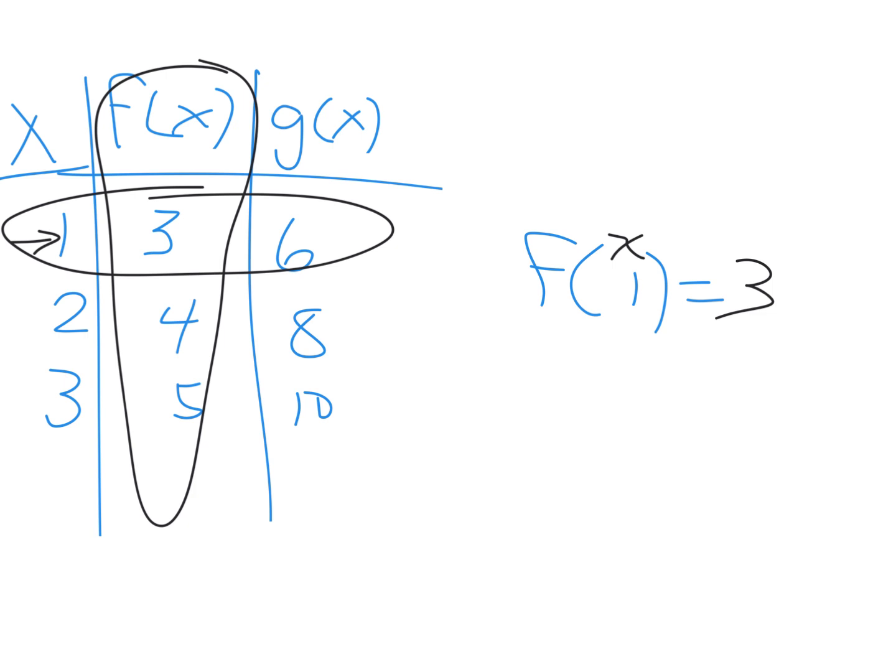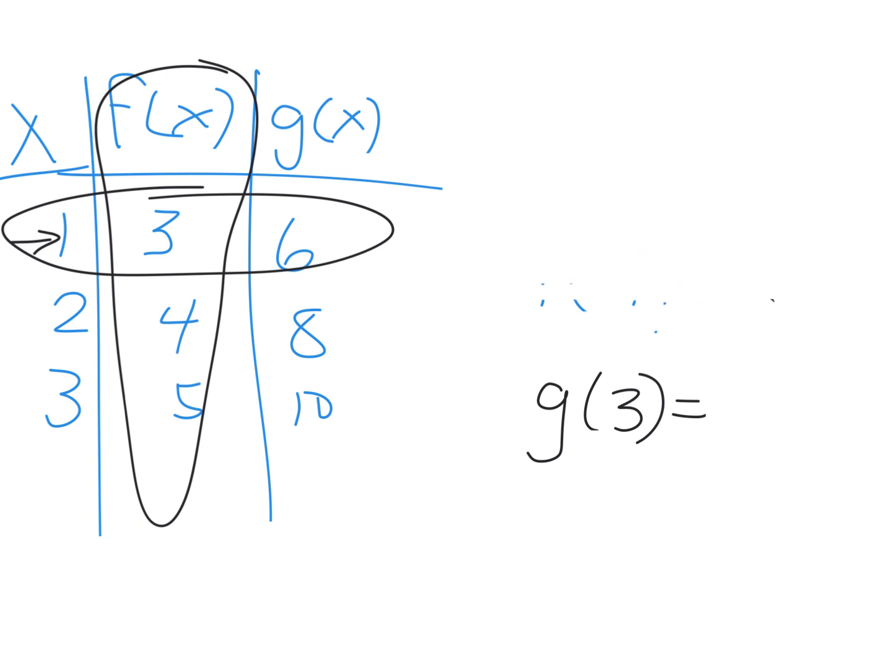All right, good. Would you please figure out G of 3? Don't say it out loud, but just write this on your paper. G of 3 is what? Just humor me. Show me that you know the easy kind. G of 3 is, and please compare that to the kid next to you. G of 3 is what?